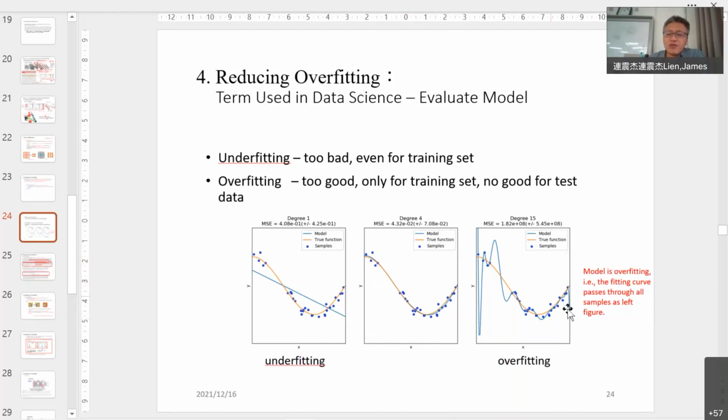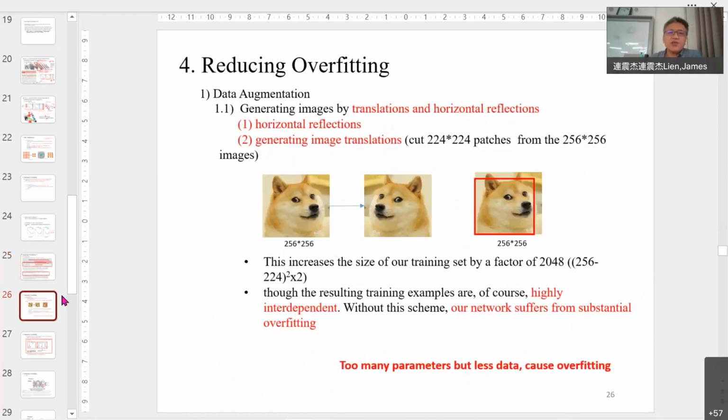We don't want overfitting. So we want the middle one.